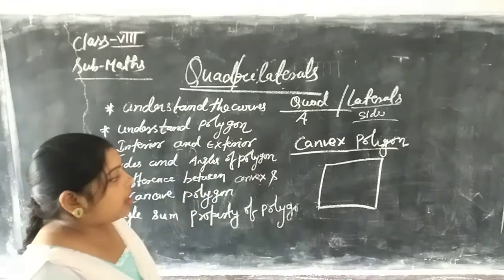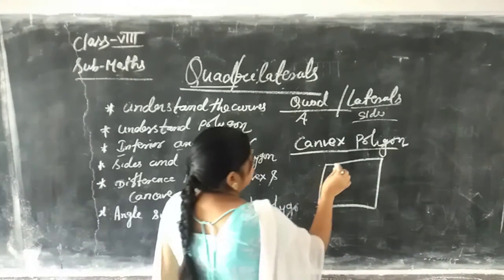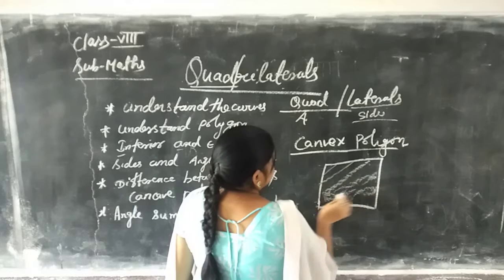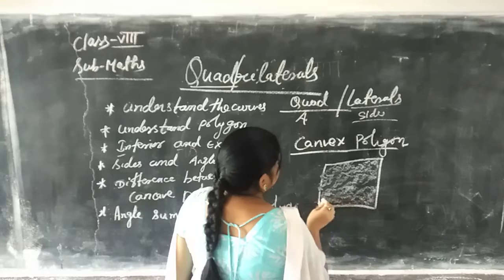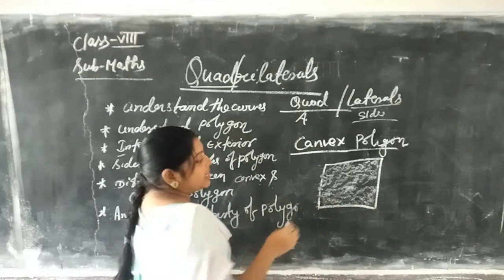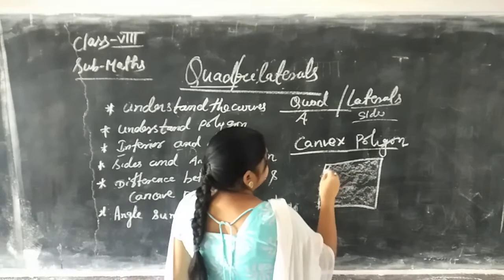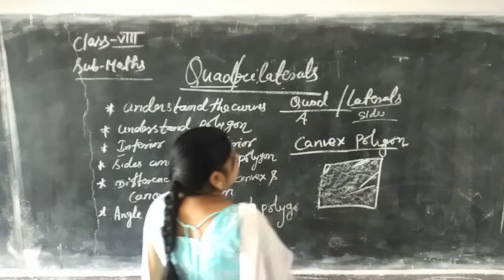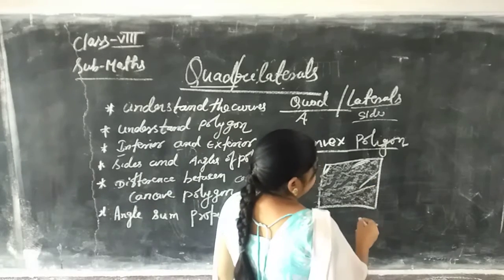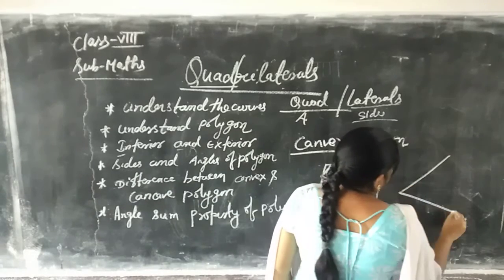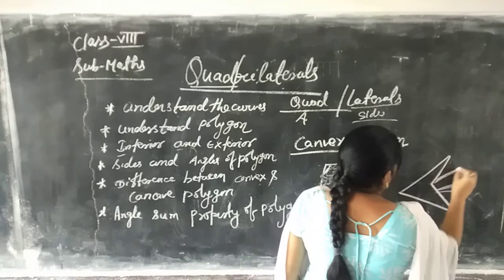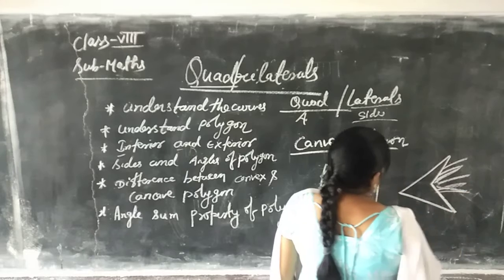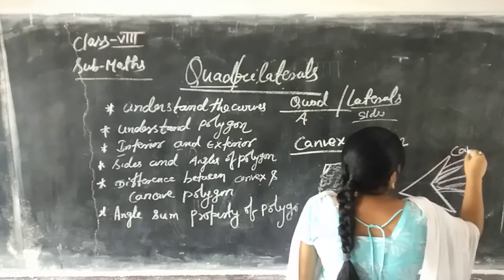Why? Because in a convex polygon, the line segment lies inside the interior part of the figure, and that is called convex. This other part, outside, is called concave.